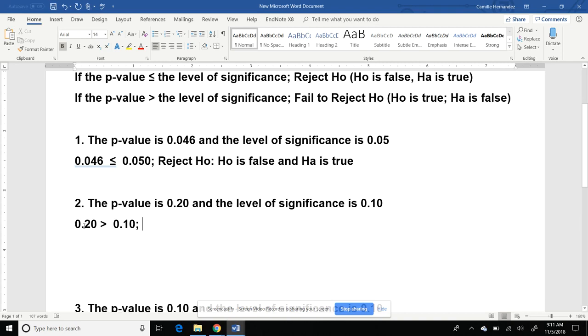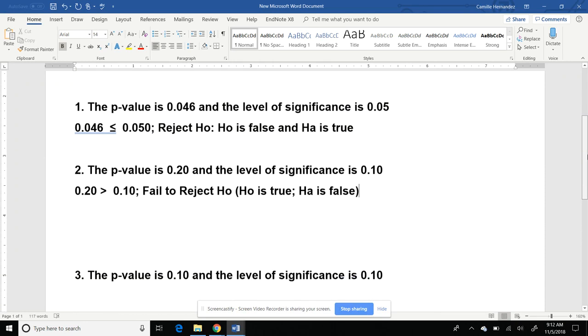So because 0.20, the p-value, is greater than 0.10, the level of significance, I fail to reject the null, which means H0 is true and HA is false. Okay, so there again, the first one was reject the null, the second one was fail to reject the null, and that's what I'm trying to keep straight.